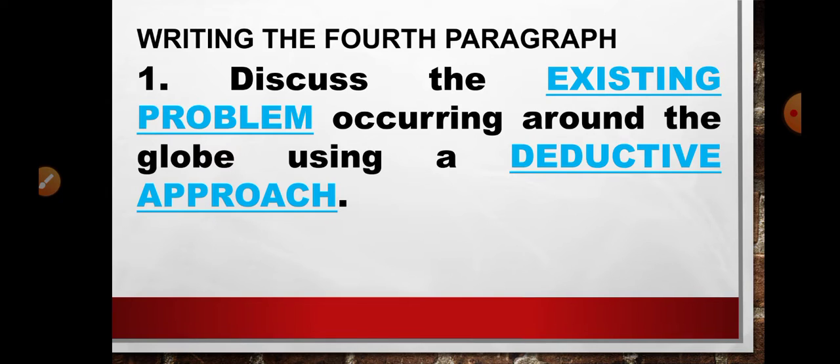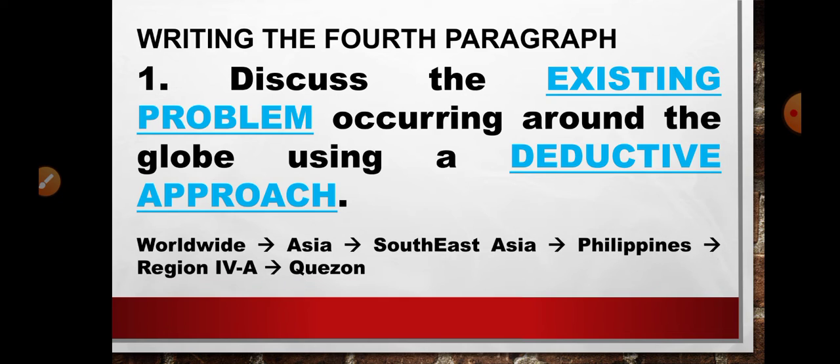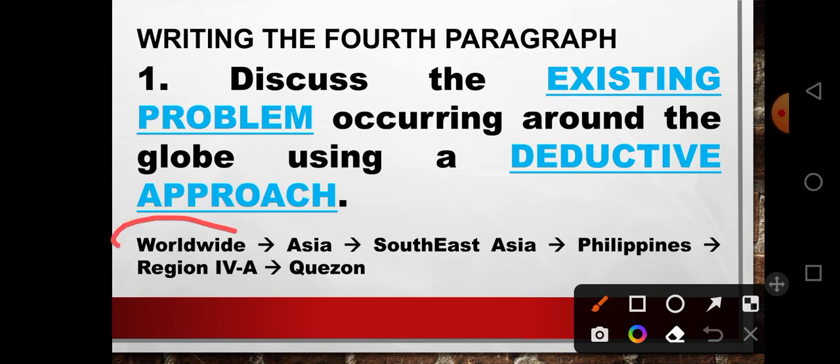And how can we discuss our existing problems around the globe using a deductive approach? You might want to discuss first the existing problem in a worldwide context. Then after you have discussed the problem in a worldwide context, you must discuss the problems occurring in Asia.